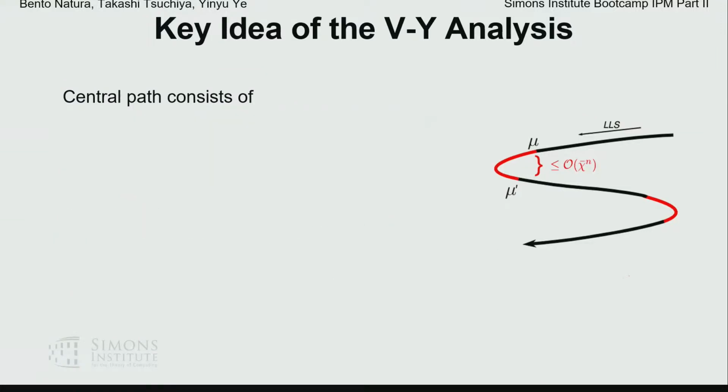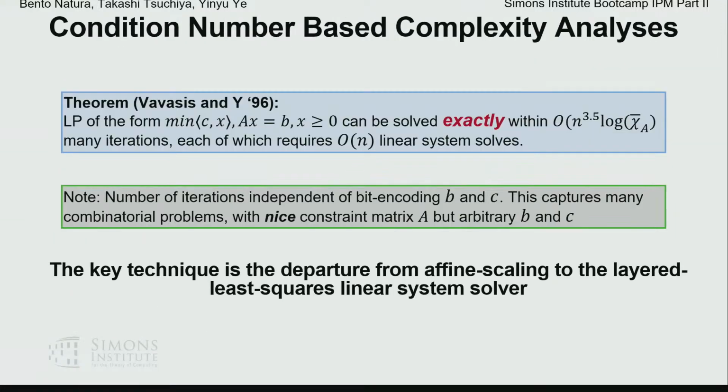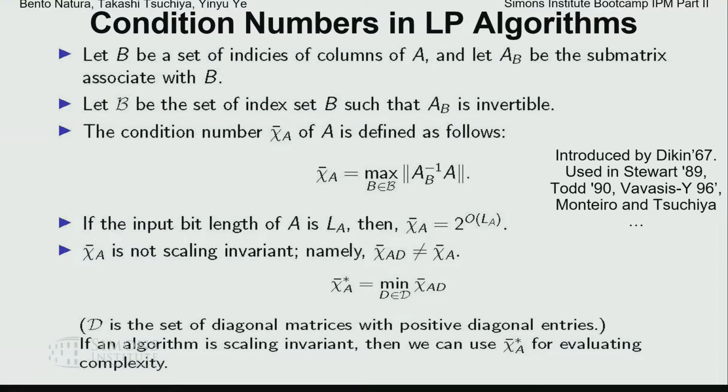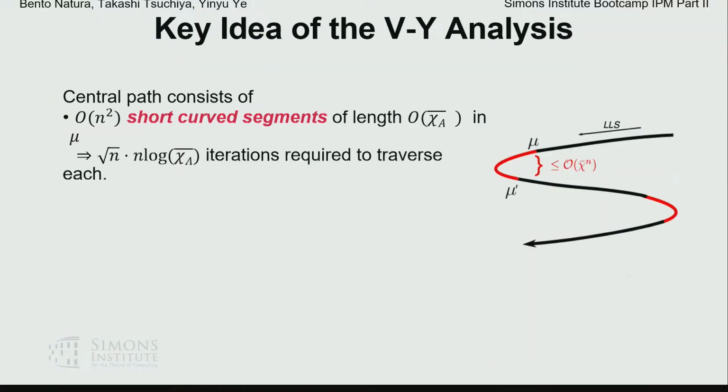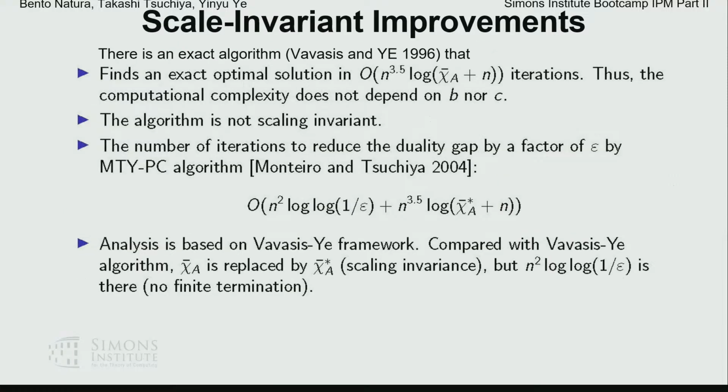I already told you, so this one is the one, yeah. This number is always smaller than this, because it's the infimum among all the positive scaling matrices. If you can scale the matrix arbitrarily, you get this one. The log 1/epsilon here, yeah.